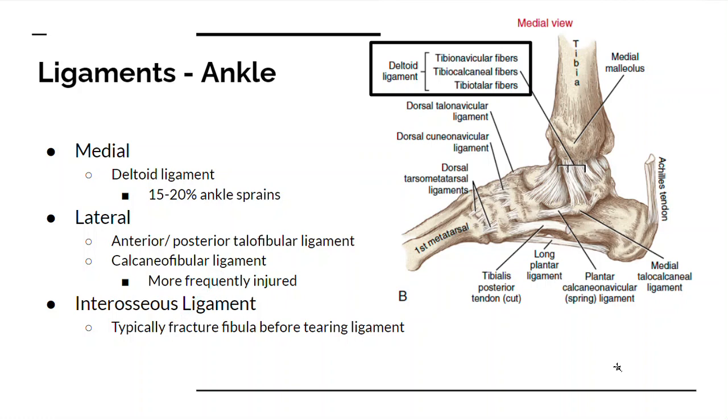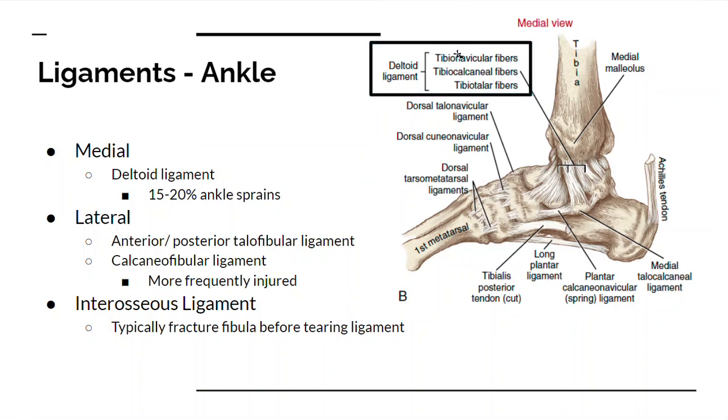Then on the medial and lateral side of your calcaneus and talus and tibia and fibula, you have the medial ligaments, which are called the deltoid ligaments, not to be confused with the deltoid muscle, but they call it deltoid because there's three and they're kind of fanned out.